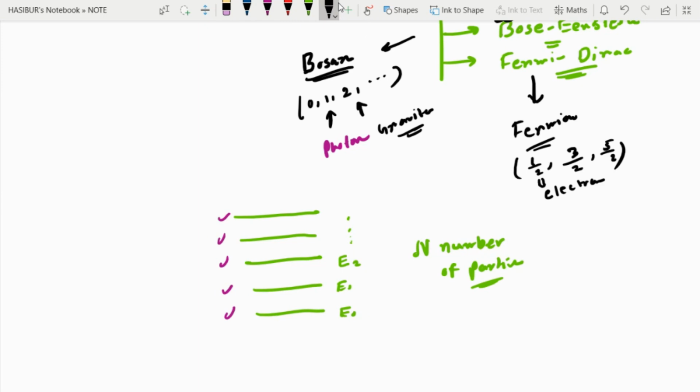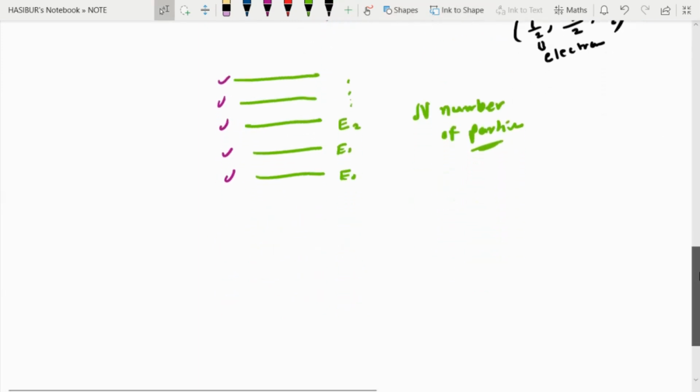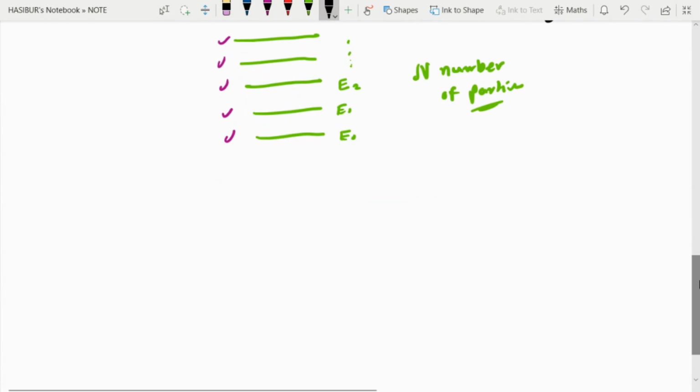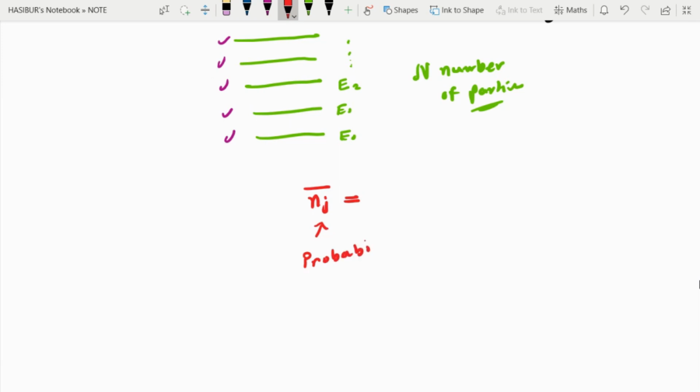Now I want to give the expression for that occupancy. n_j bar is the occupancy per energy state, and this is basically the probability of occupancy.